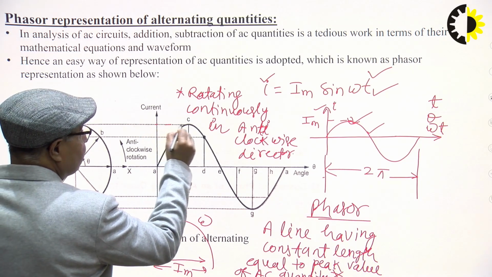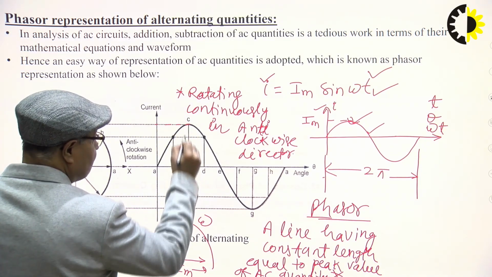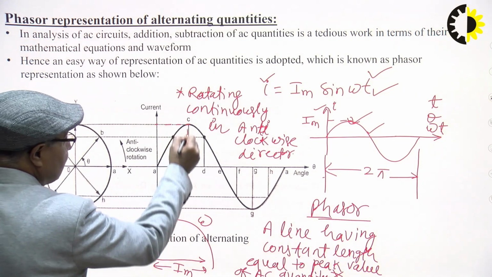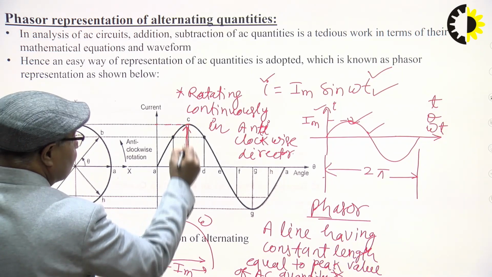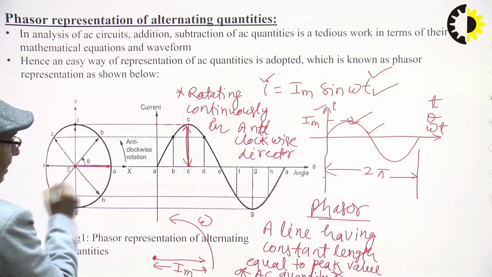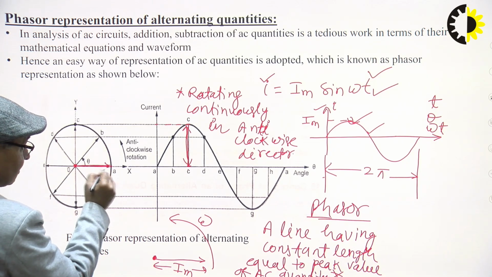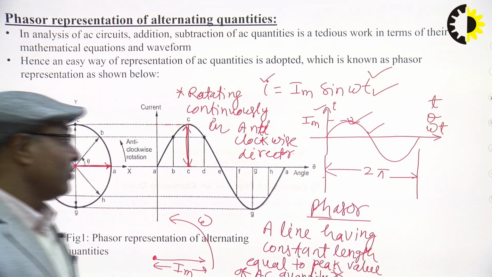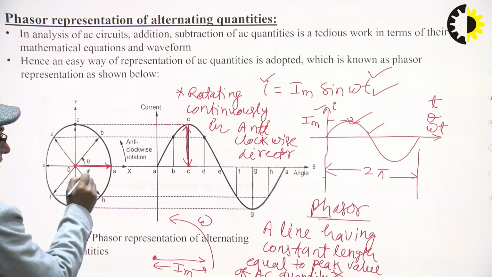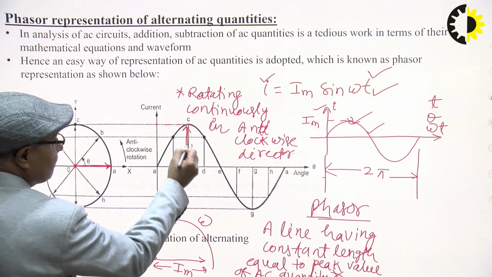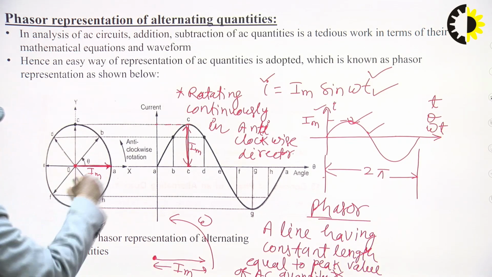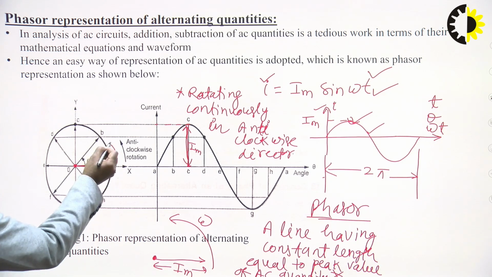This is the peak value of our AC quantity, so we take a line whose length is equal to this peak value, and suppose this line is OA, having an arrowhead, and it is rotating continuously in the anti-clockwise direction.